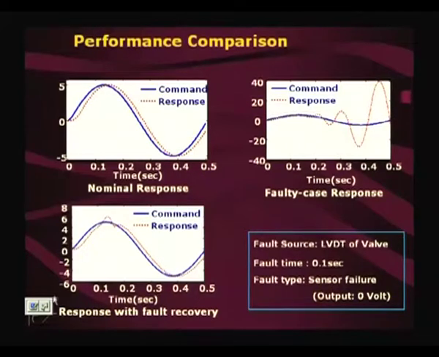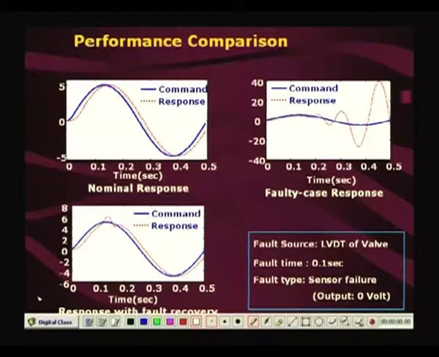So in this case, we are showing some cases. This is the performance of the actuator. The blue is the command and the red is the response. Clearly the response is following the command.